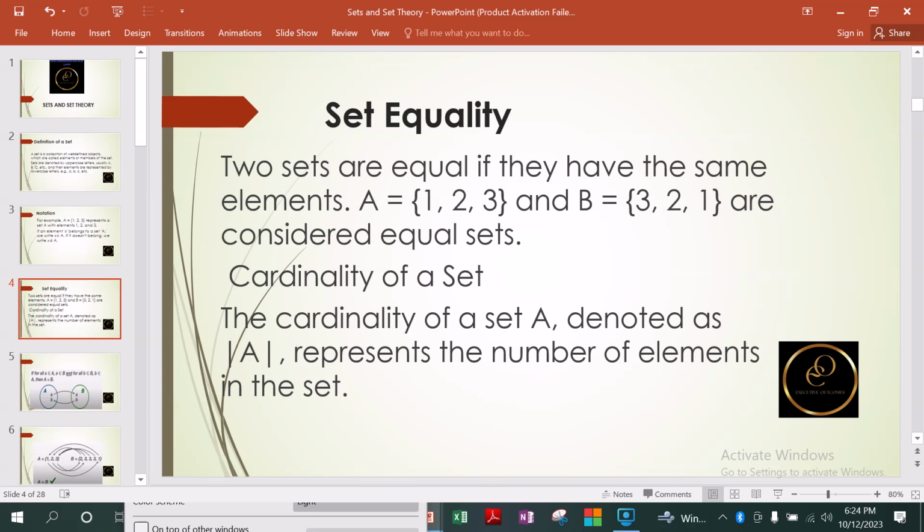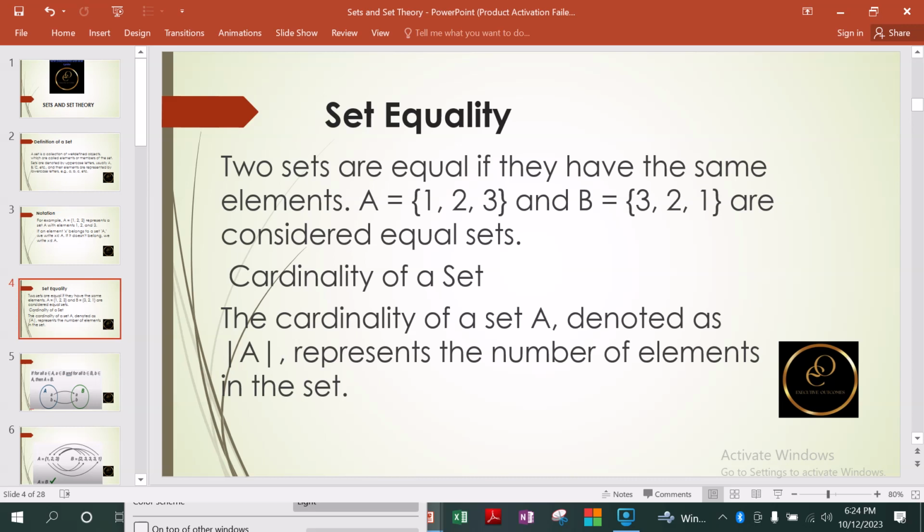Equality is not looked at in terms of the order in which the members are arranged. You have 1 starting under set A, followed by 2 and 3, then in set B you start with 3, 2, and 1. But they are identical items in A and B. That's what marks them as equal sets.